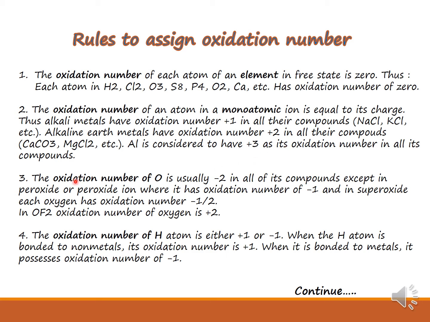Third rule is the oxidation number of oxygen is usually -2, children. It is usually. But if you are seeing any peroxide linkage where two oxygen atoms are bonded with a single bond with each other, and at the end of the two oxygen atoms there will be a bonding with other atoms, in that case you will get oxidation number of oxygen atom as -1, -1 respectively.